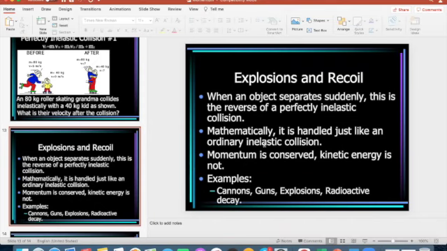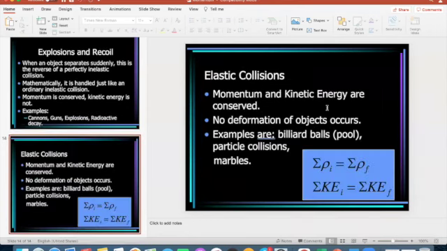So math-wise, it's handled like an inelastic collision. All right, so your momentum is conserved, your kinetic energy is not. Examples of explosions and recoils will be cannons, guns, radioactive decay, and so forth.